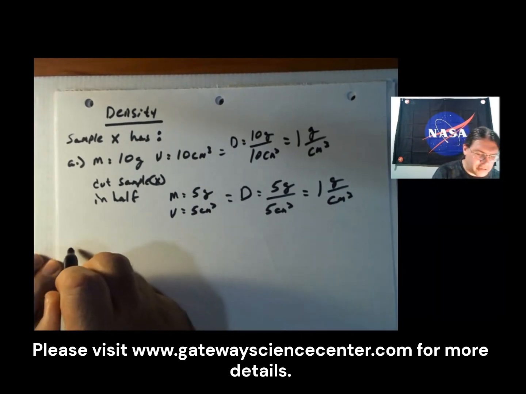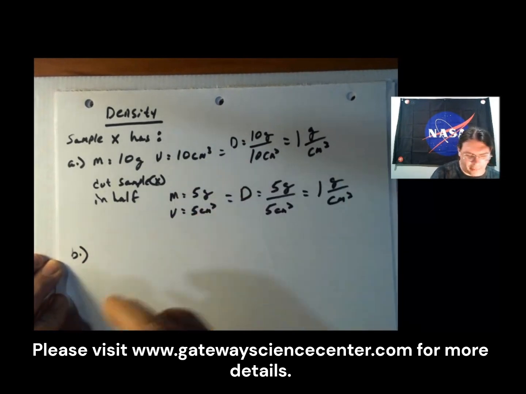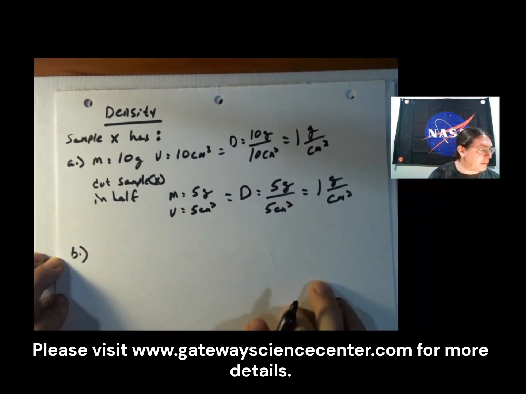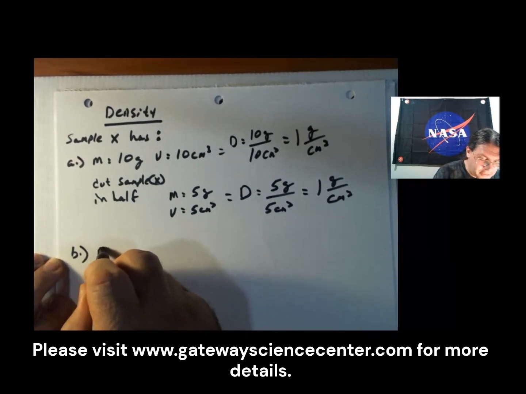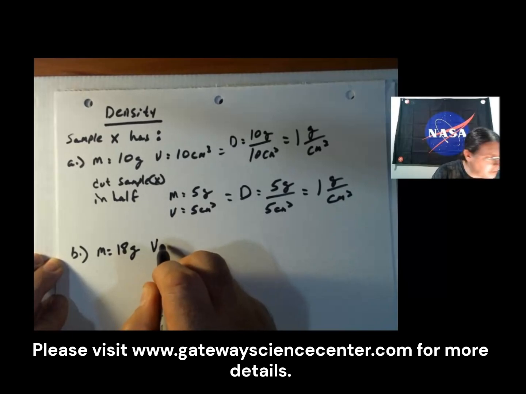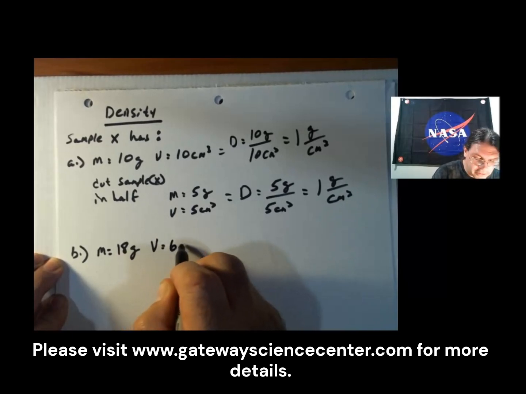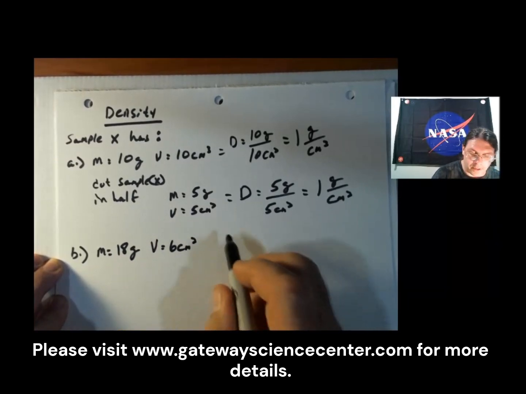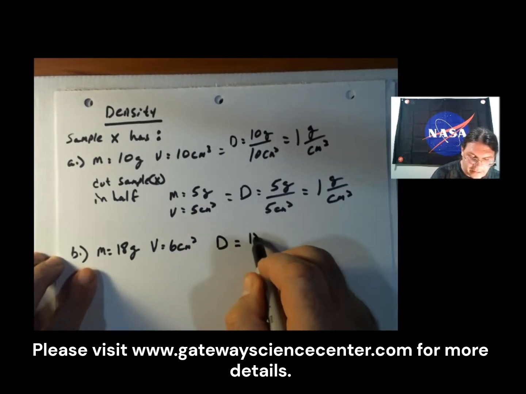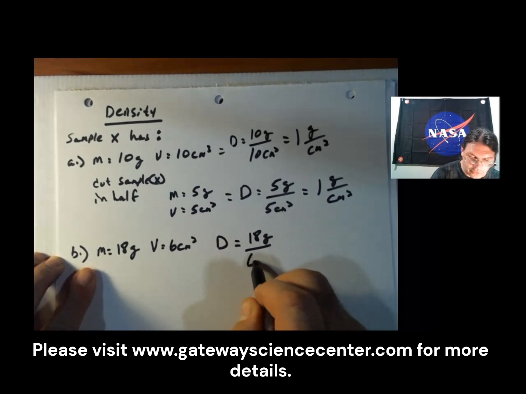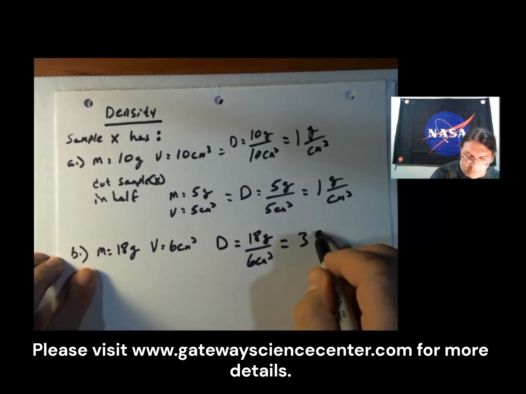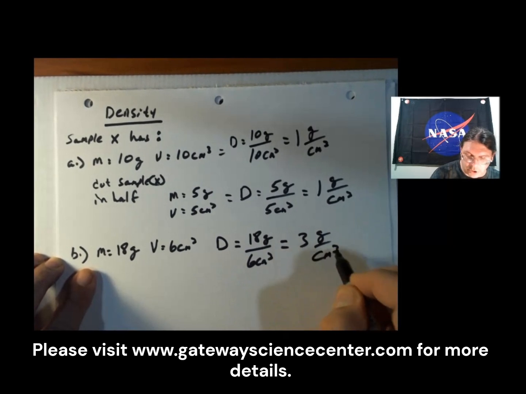So here's another sample X. I'm going to call it sample XB. Sample XB has a mass of 18 grams and a volume of 6 centimeters cubed. If I want to find the density of the sample, I would just do 18 grams over 6 centimeters cubed, and that gives me 3 grams per centimeter cubed.